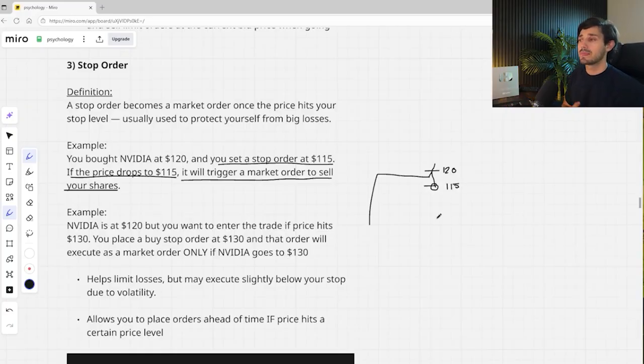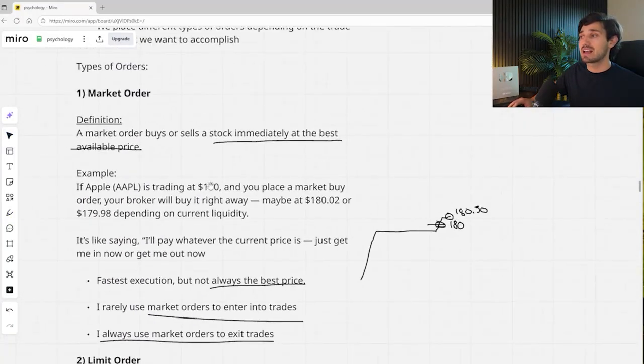Now, keep in mind, because it will trigger as a market order, it's not guaranteed to fill you at exactly 115. It might fill you at 115. It might also fill you at 114.80 or 114.90 or 115.10 or 115.15, right? Because it's a market order. We already talked about that a market order gets you out at the best available price.